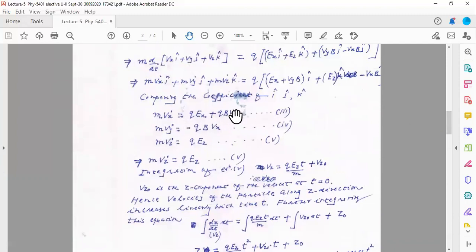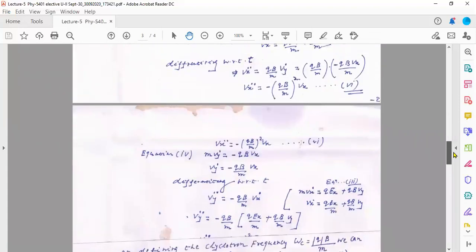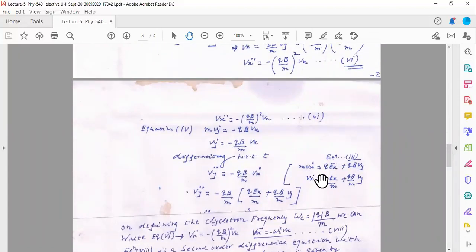Once again, I'm using equation number 3 to find the time derivative of the x component of the particle velocity, Vx dot, and I substitute it here, keeping the value of Vx. Now I have calculated Vx double dot and Vy double dot, the second order time derivatives of the x and y components of the particle velocity.